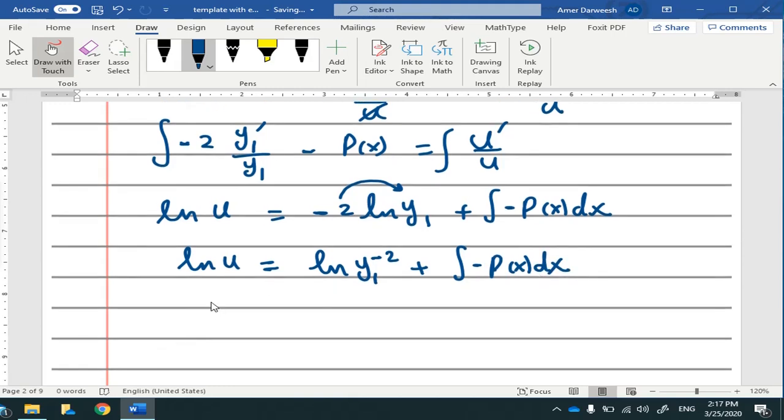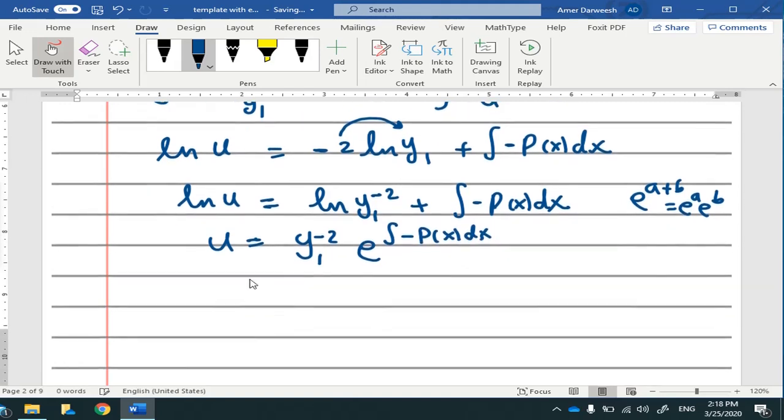Take exponential of both sides, we have u equals y1 to the power negative 2, because I cancel the function with its inverse, times e to the integral of minus p of x dx, because e to the a plus b equals e to the a times e to the b.